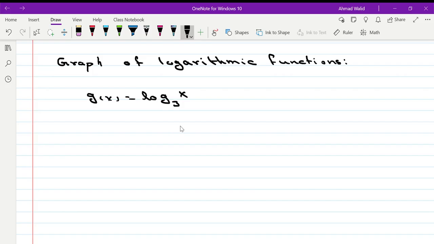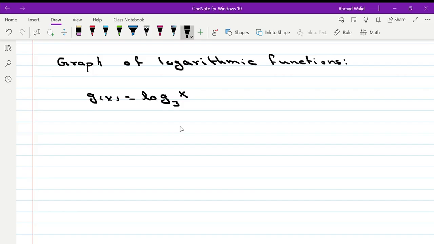At the beginning of this section, I told you that any logarithmic function is the inverse of an exponential function, correct? Then, to graph a logarithmic function, the easy way is to first find the exponential function for this logarithmic function, then graph the exponential function, and after that, easily you can find the graph of the logarithmic function.